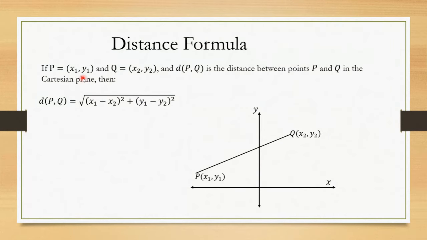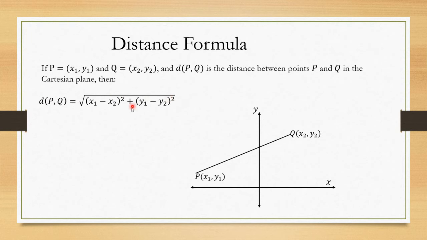If you have two points P and Q, the distance between them in the Cartesian plane is this: you subtract the x-coordinates, using one x-coordinate from the other, and square that difference. You subtract one y-coordinate from the other and square that difference. You add the two squares, and then take the square root.